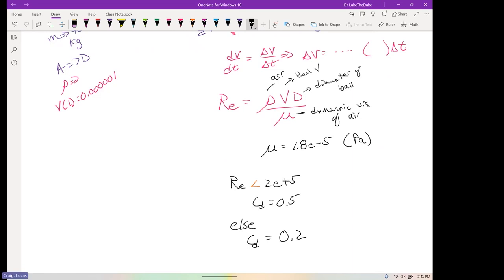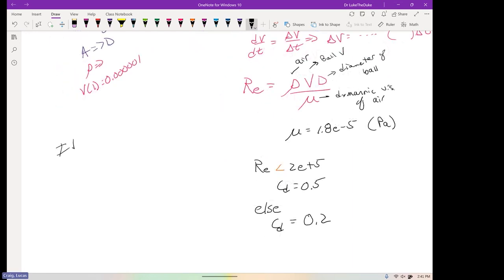So in this, what you have to do first in your for loop is calculate Reynolds number. Calculate your CD, which is an if else statement. Then find V of 2 or V of 3, and then time, and then it goes back up to the loop. Does that make sense?